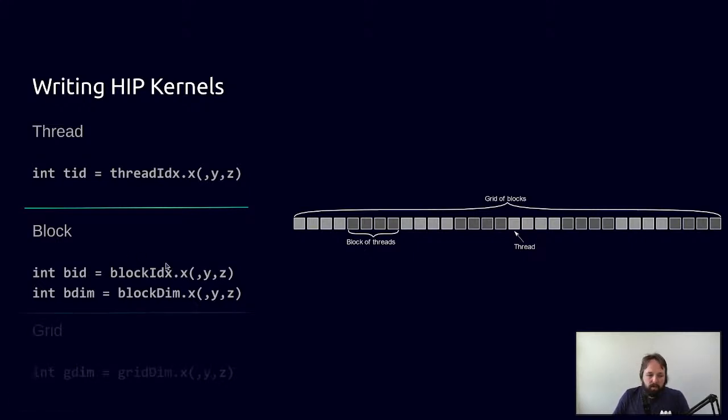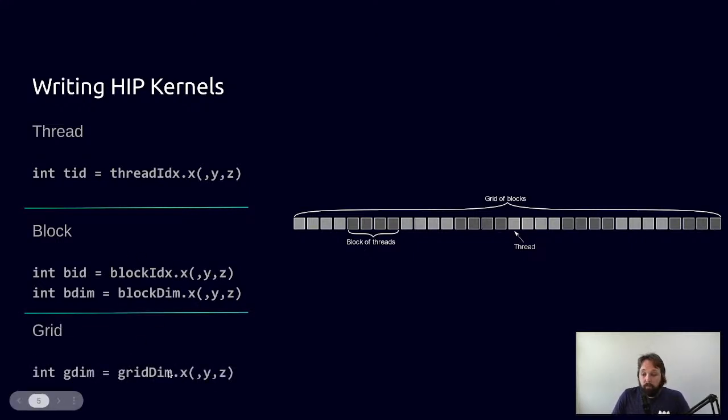The last one we're going to look at today is gridDim. It's the number of threads in this whole grid of threads. So gridDim.x tells me how many threads I have in the x direction, .y tells me how many I have in the y direction, and .z tells me how many I have in the z direction.